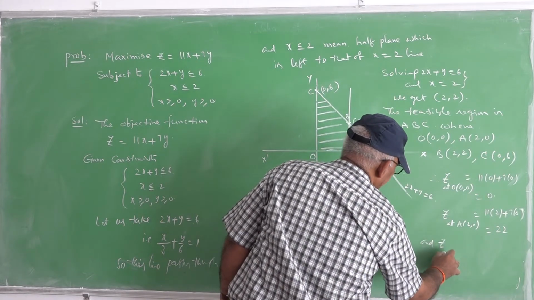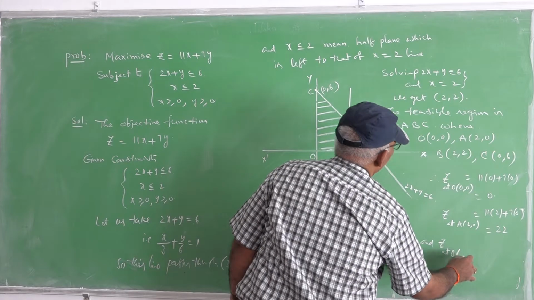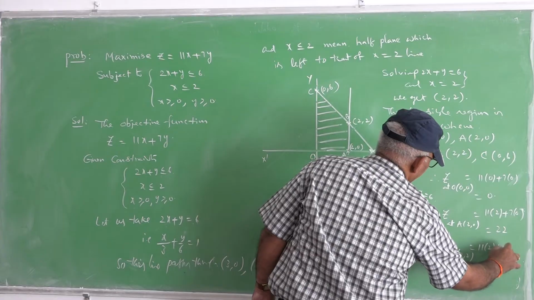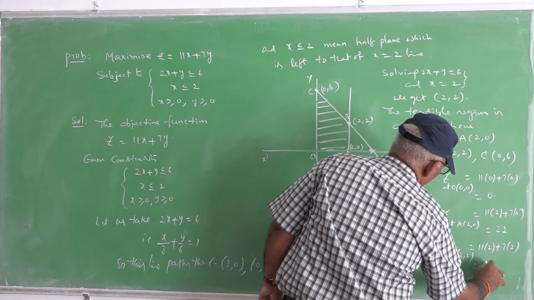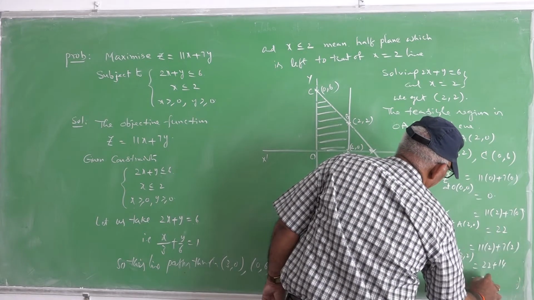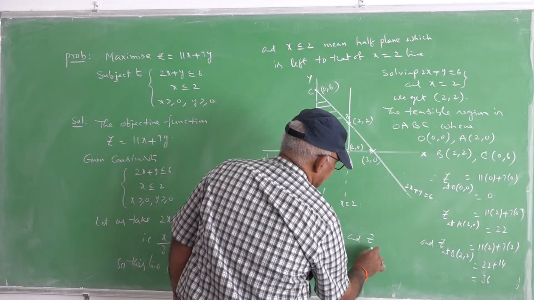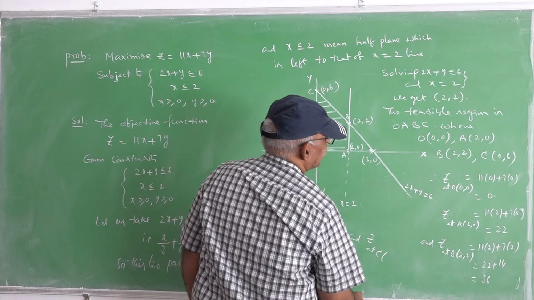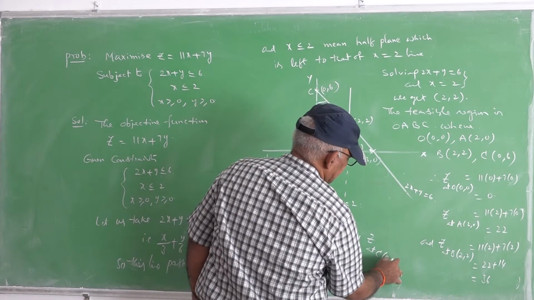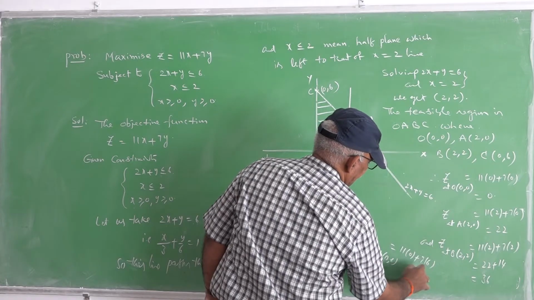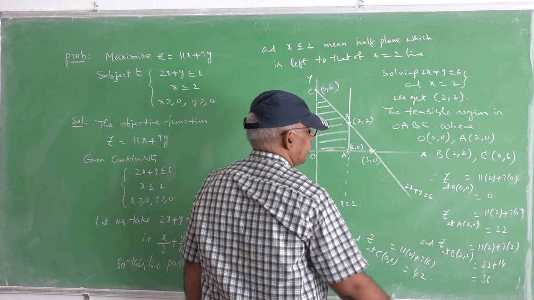And Z at B 2 comma 2, 11 into 2 plus 7 into 2, 22 plus 14, 36. And moreover, Z at C 0 comma 6, 11 into 0 plus 7 into 6, 42.